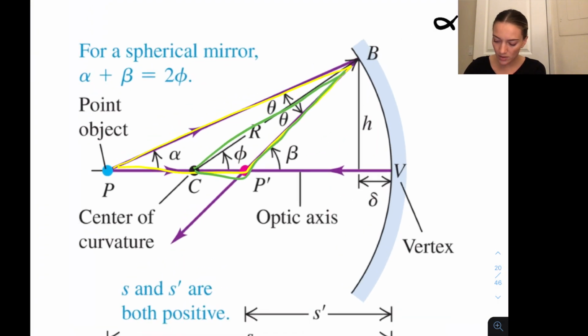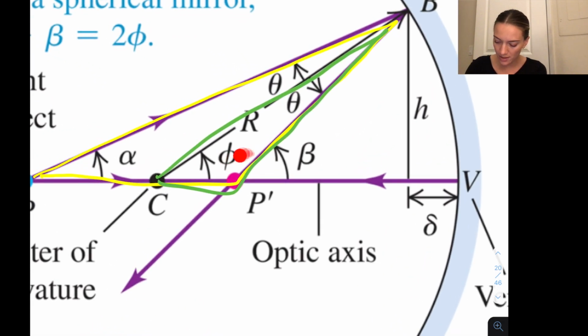And then this angle here, so be careful, this isn't what we're calling phi, it's this angle here. We can write this angle in terms of beta because we know that this line right here is a flat line. So beta plus this angle has to be equal to 180.